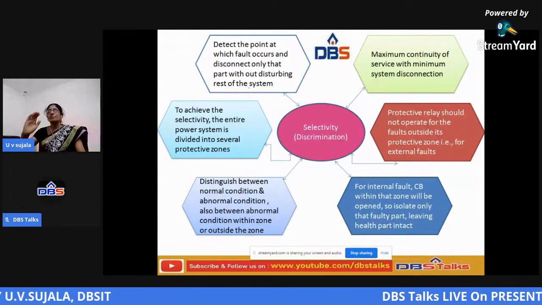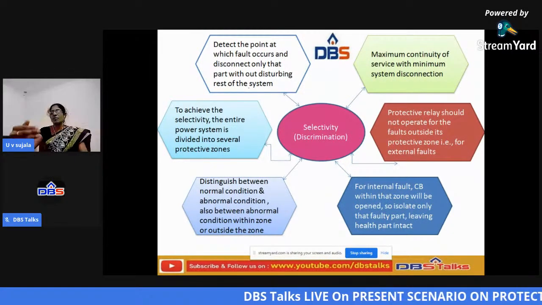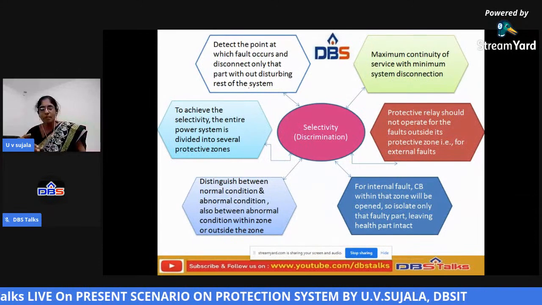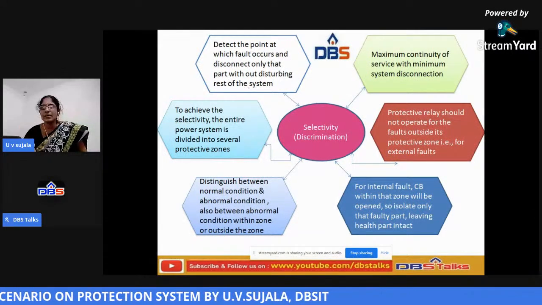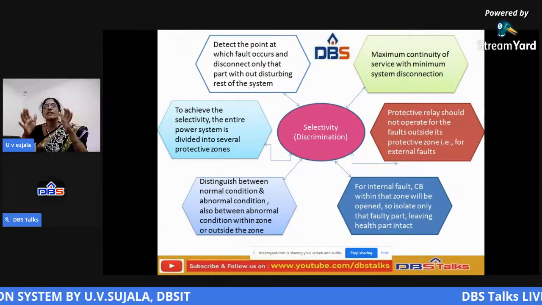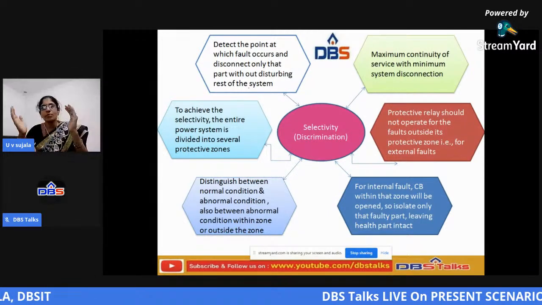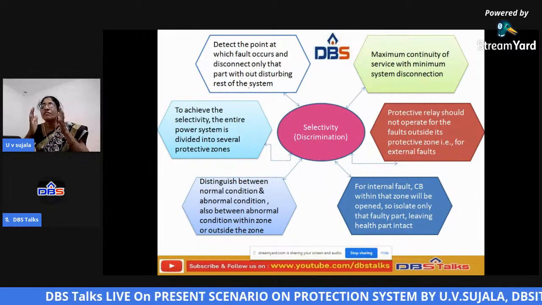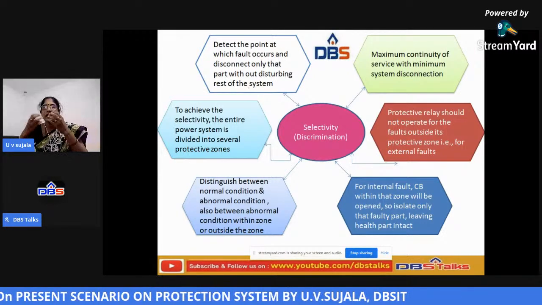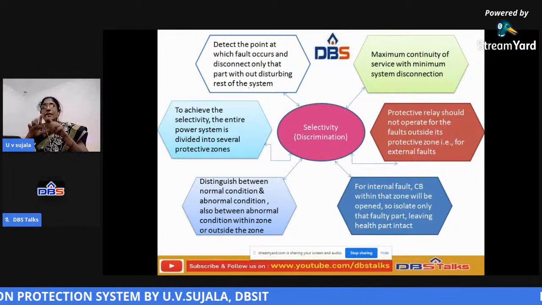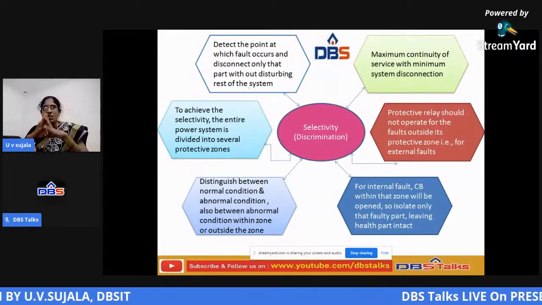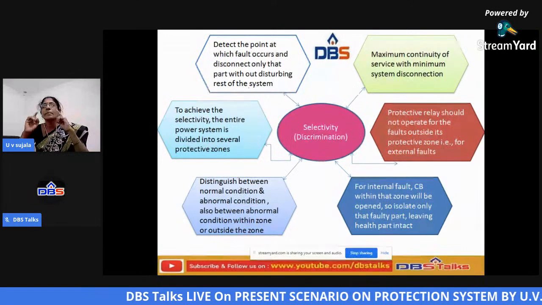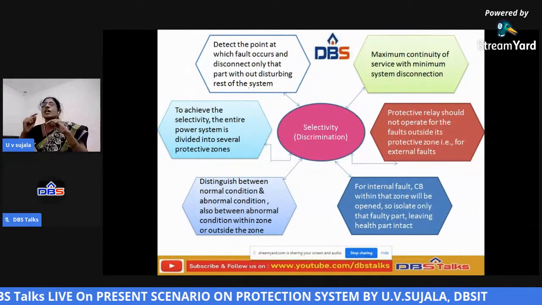If it is within the limit of the protected zone, then only it will operate. If it is not within that limit, it will not operate. I already told what normal and abnormal conditions are. If it is within the limit to protect that equipment, then only it will act. Otherwise, it does not.